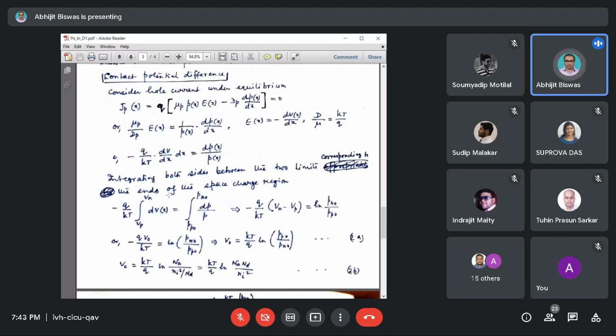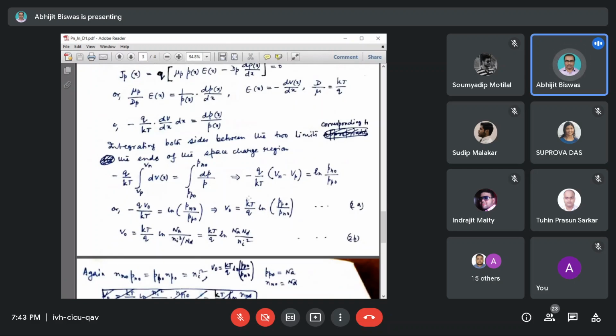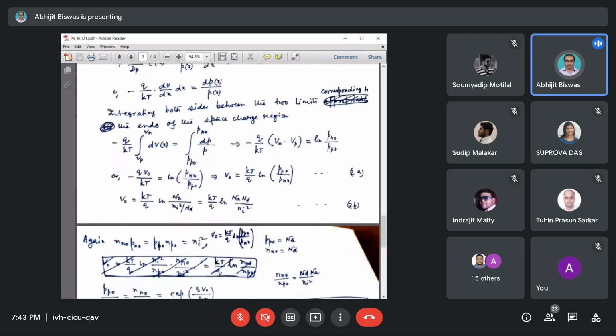So q by kT, minus q by kT dV/dx into dx is equal to dp divided by p(x). Now you can integrate it between two limits corresponding to the ends of the space charge region. Here the lower limit potential is Vp and the corresponding hole concentration is Pp0.